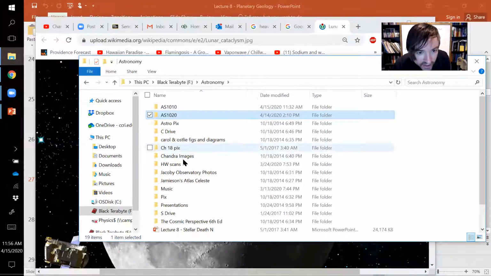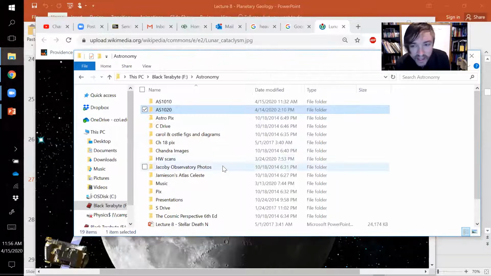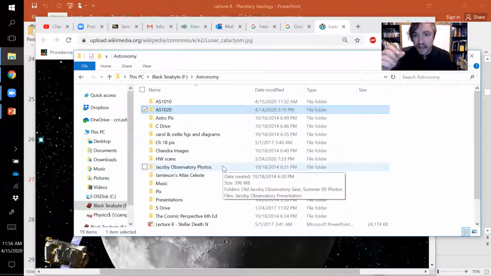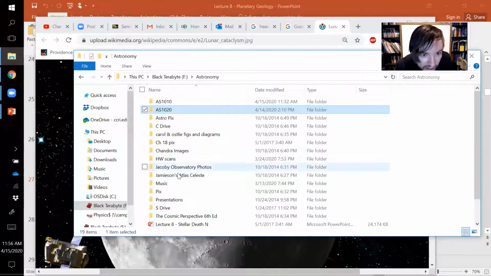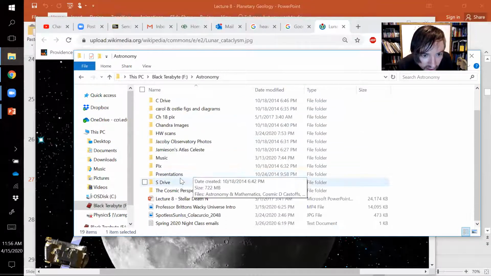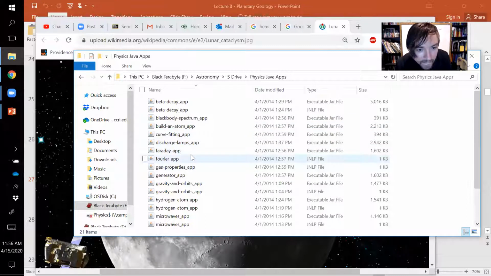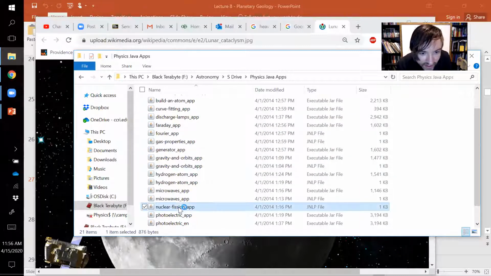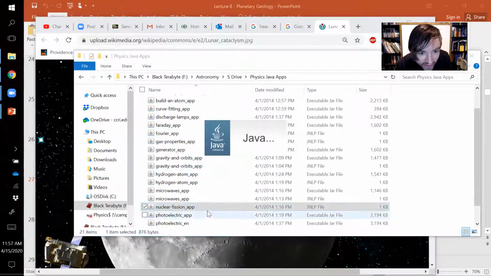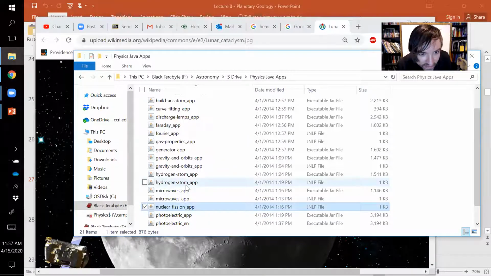Radioactive decay, of course, is part of the process of fission, where a big fat nucleus like uranium-235 or uranium-238 becomes unstable and basically breaks down, releasing gamma rays, releasing neutrons and neutrinos. If you guys can bear with me here and my S drive, I've got two cute little apps here on nuclear fission that you guys might get a kick out of.